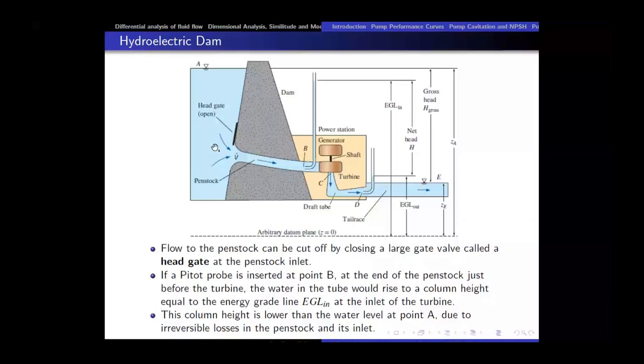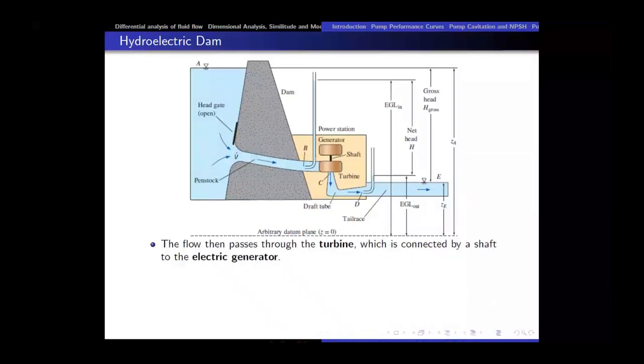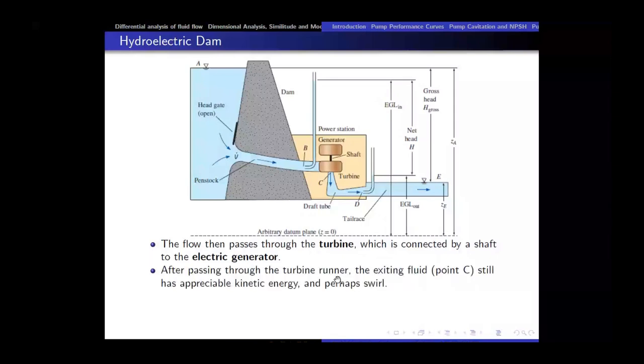Now the flow passes through the turbine, which is connected by a shaft to the electric generator. After passing through the turbine runner, the exiting fluid at point C still has appreciable kinetic energy. There would be some kind of spill, and to minimize that spill, there are guide vanes and stay vanes, so we can reduce the spill.